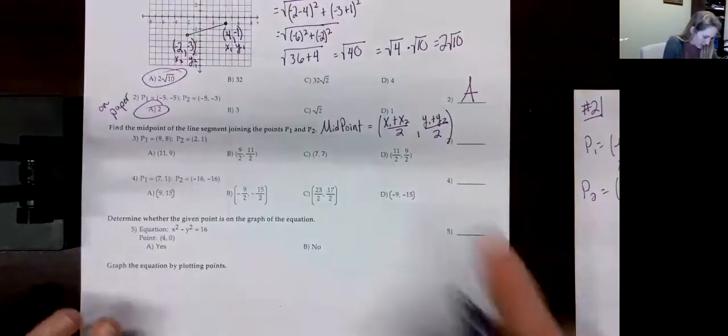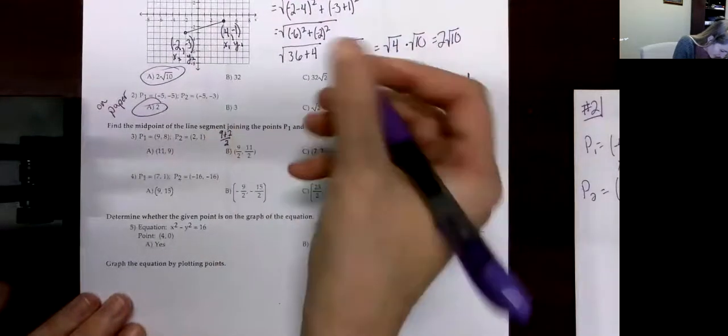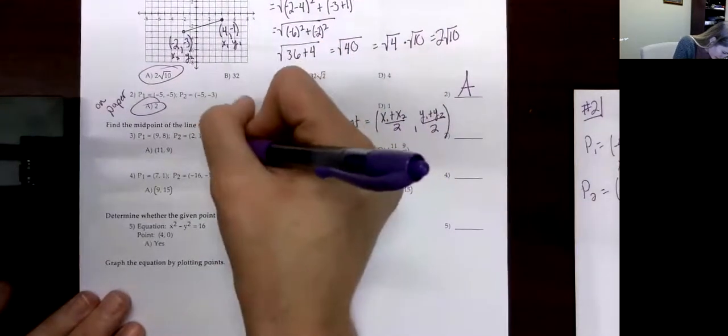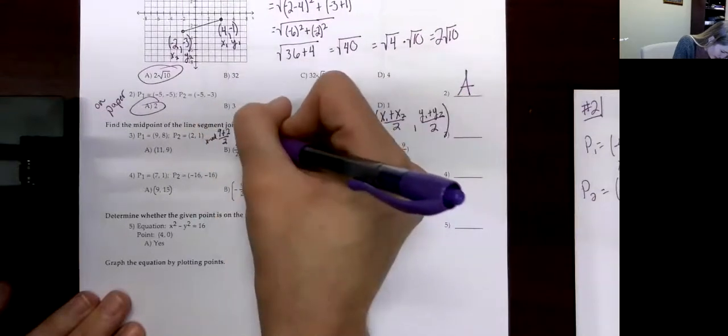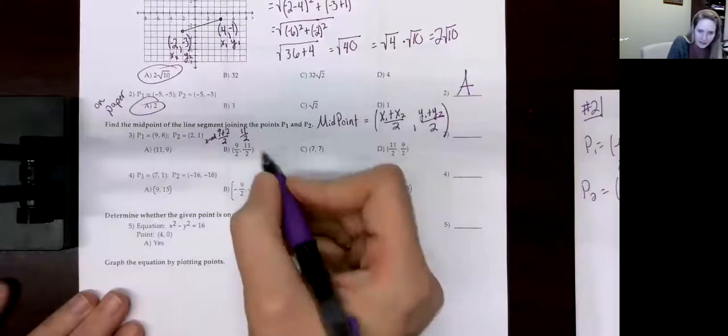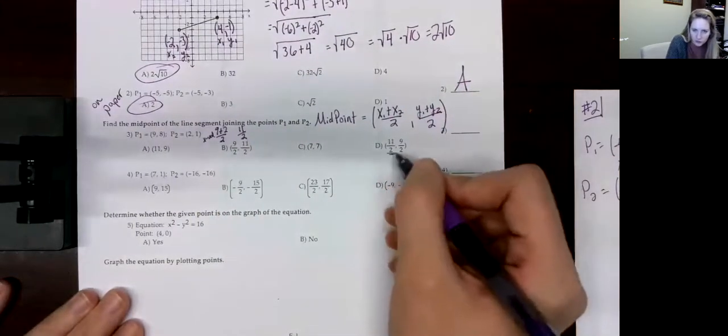All right, so right here we'd have 9 plus 2 divided by 2. And these are our x values. So I'd have 11 over 2. And that doesn't simplify, so this would be my x value. There's only one of them.